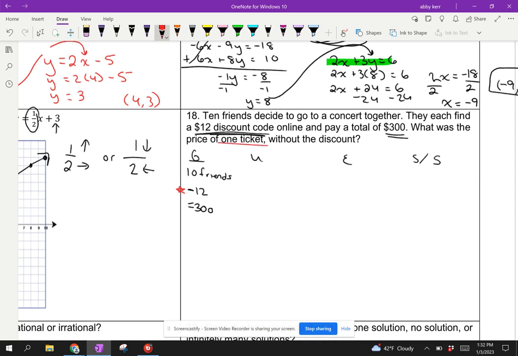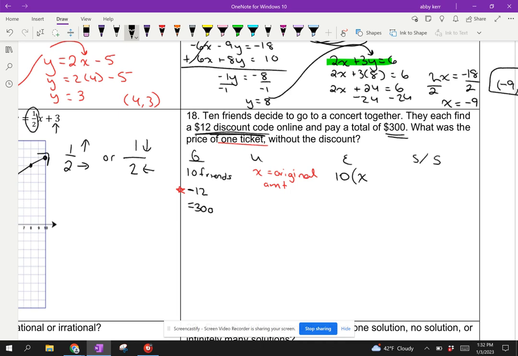So the price of one ticket, you can say, is the original amount. So we know that 10 friends got this ticket. So we want 10. And we know the original amount everyone paid. So since everyone paid the original amount, we have to use parentheses.